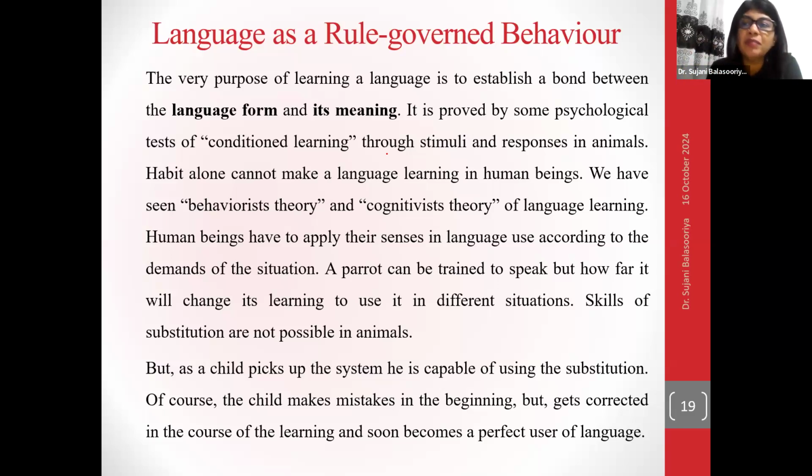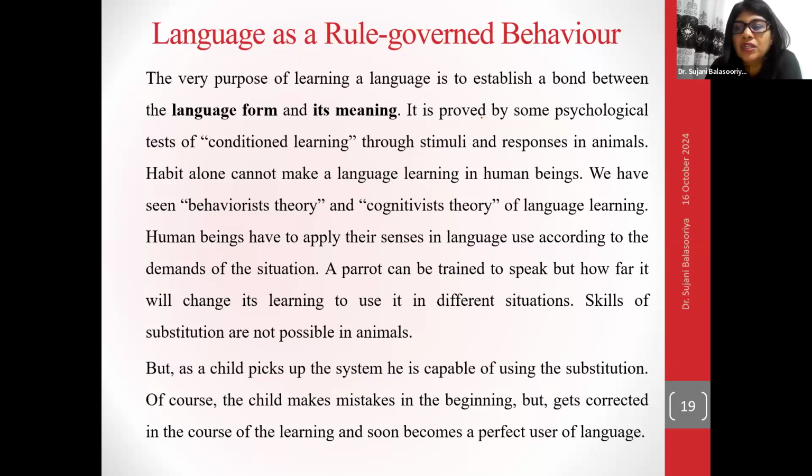Language is manipulated by the rules. In other words, language functions based on a set of rules, which we identify as grammar rules. That is the basic idea you need to get from this point. And we can talk about this from different aspects.